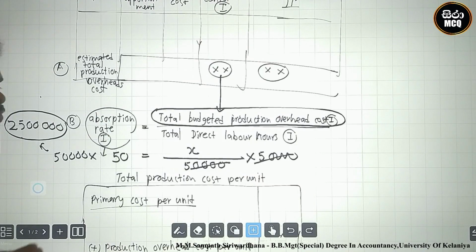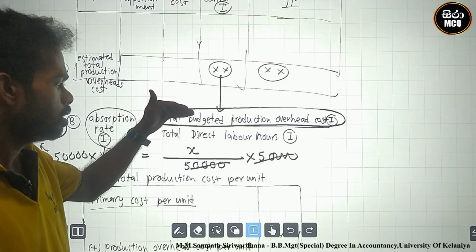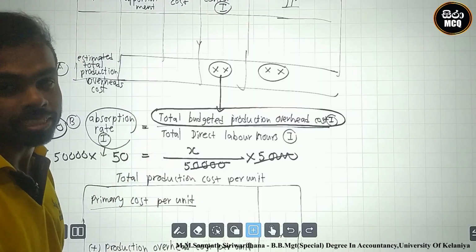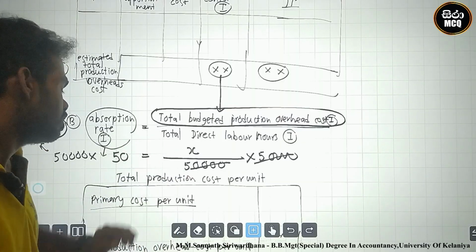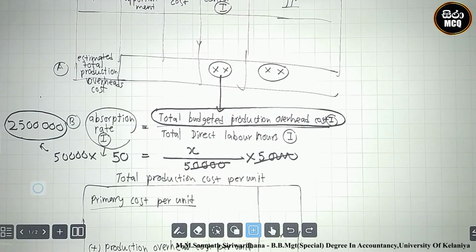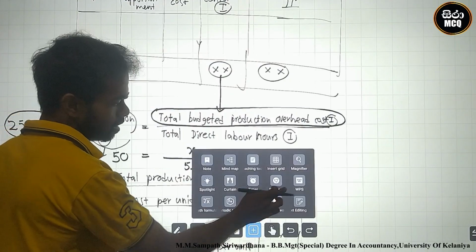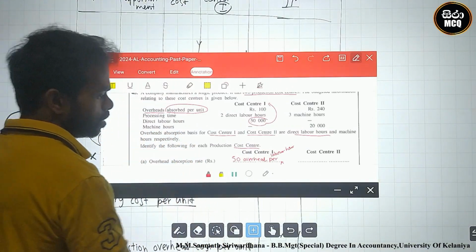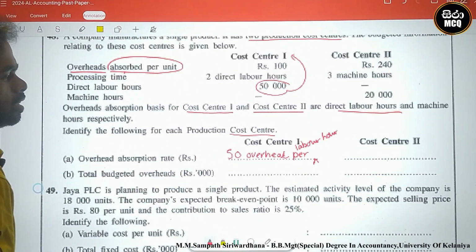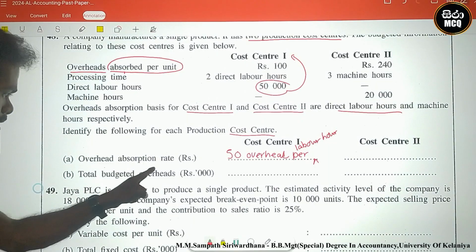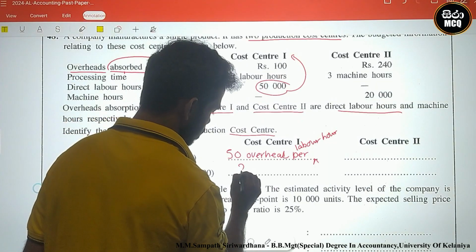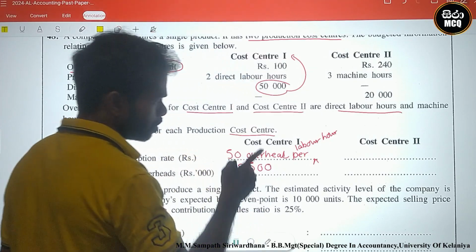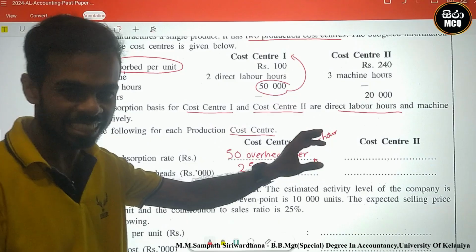Why? X divided by 50,000 gives 50, so we multiply that 50 by 50,000. The answer is 2,500,000, that is 2.5 million, so I write 2,500,000. After that, easily we can find cost center 2.